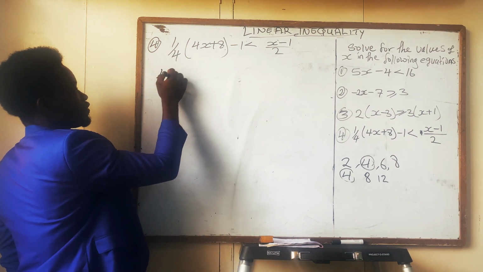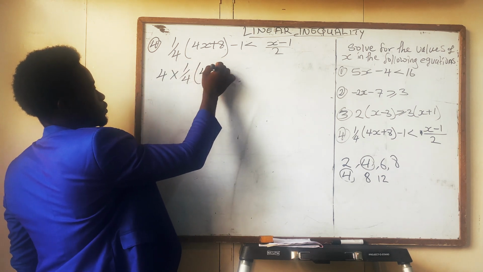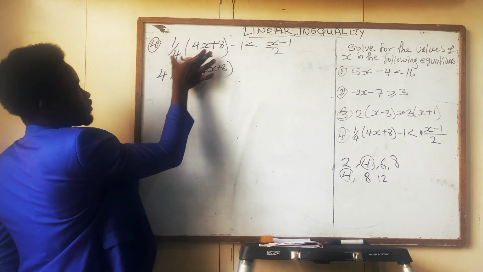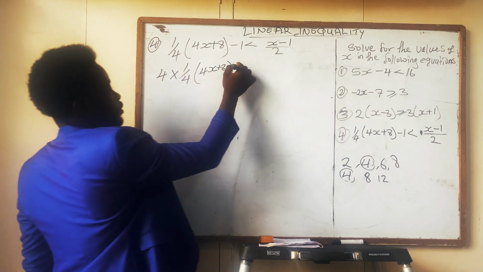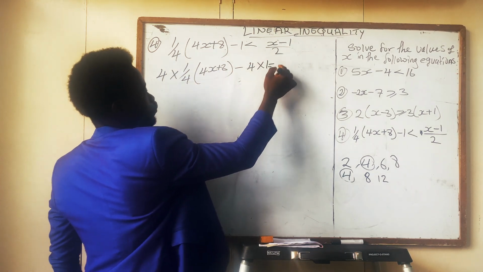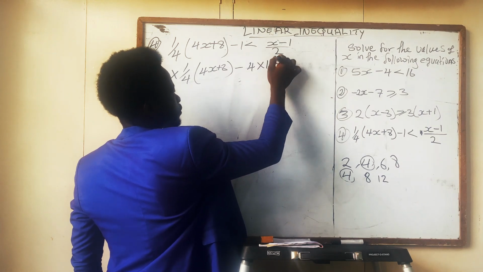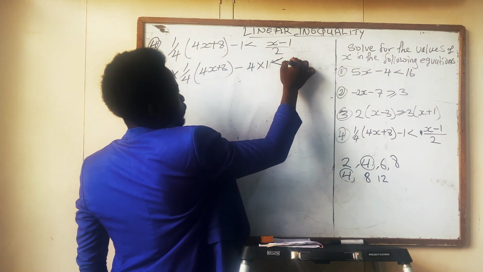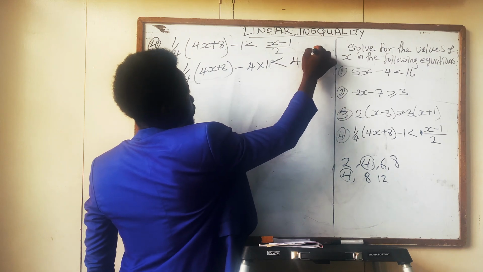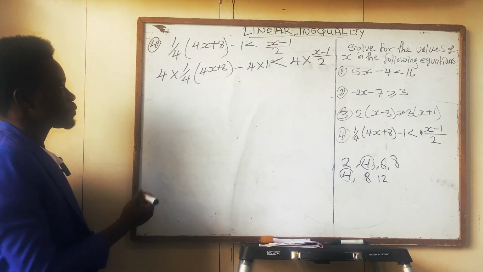So I multiply this by that. Each term, remember this is one term, so I multiply by 4, and the 1 here is also another term. This is less than 4 times x minus 1 all on 2. It's another term.